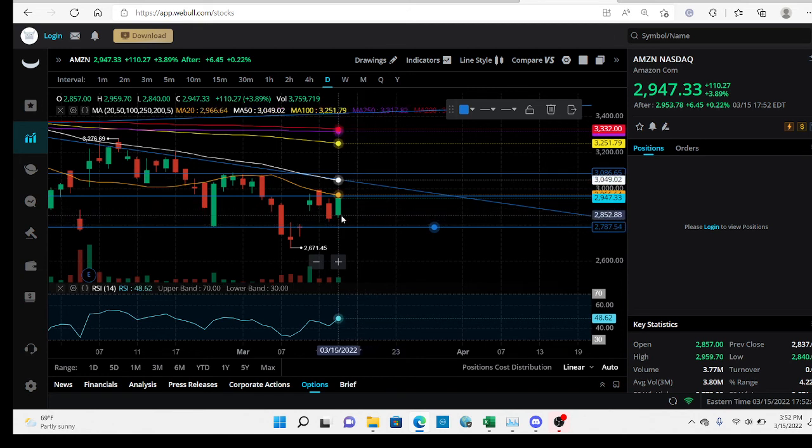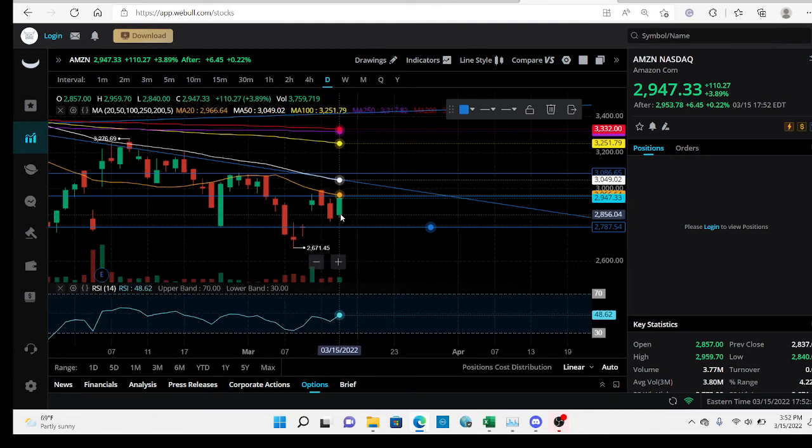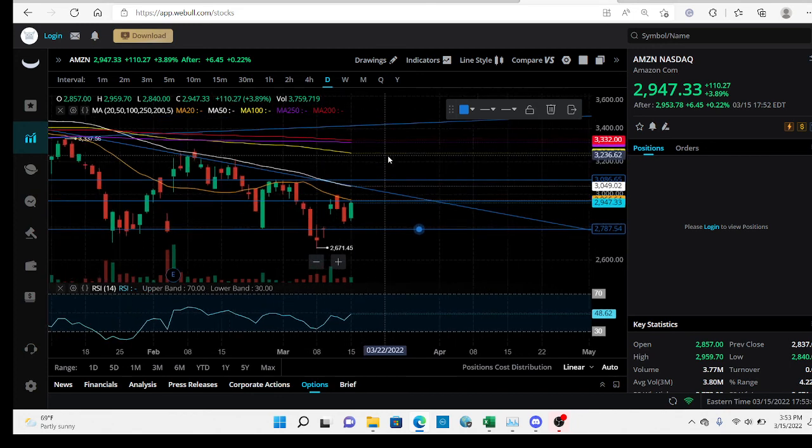Because right now, Amazon has the potential to fall $150, and that's a lot. That could definitely put a dent in the Nasdaq and the SPY. So I would want to see Amazon close this gap right here, and then it'll fall in line with the February 24 price action, and then we could bounce up.